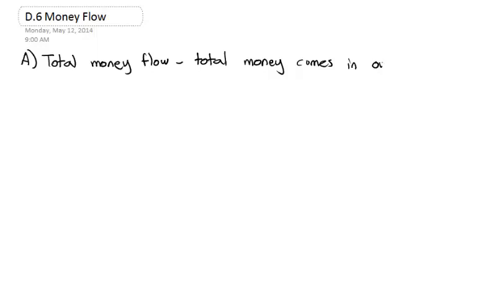So first, let's talk about this concept of total money flow. In other words, the total money that comes in, or I guess gets deposited in, or however you want to think about it. The total money that comes in over time.